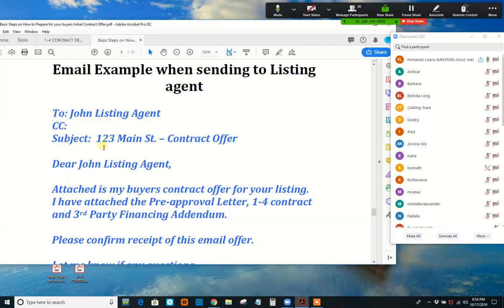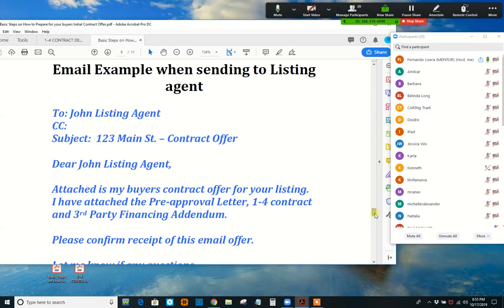Can you imagine receiving 14 emails on the 14 properties, and you would have to open each one of them up to find out what property they're talking about? So it's very important to make sure that the subject has the address and what it's about. Or you can just leave the address alone. So that's just one tip there.